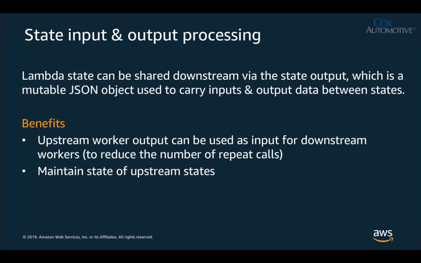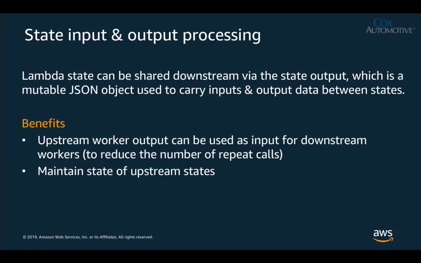So an interesting feature in step functions is that as you see, we have a sequence of Lambda functions being invoked, and each of those functions has some kind of state, and you can actually keep track of all those states. Okay, each Lambda function can actually add some state output to a JSON object that is passed along the different steps.